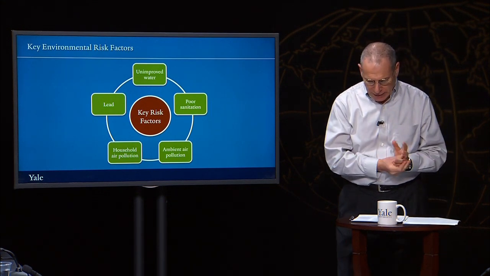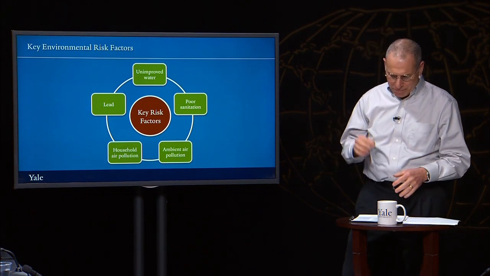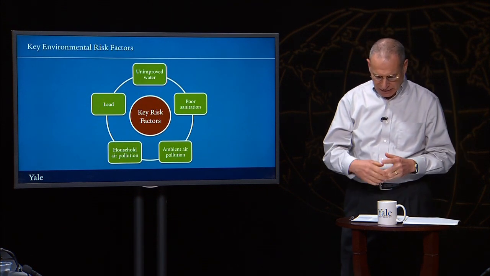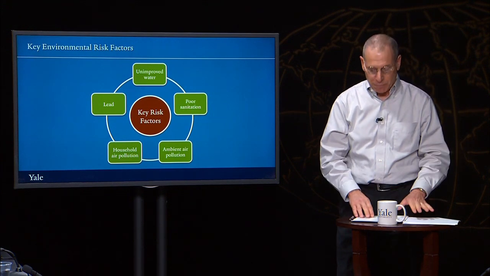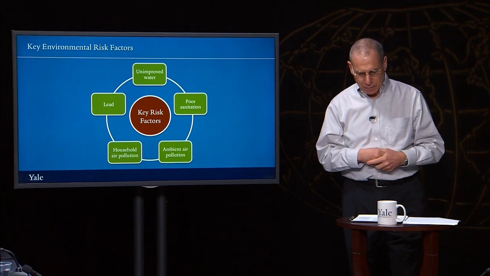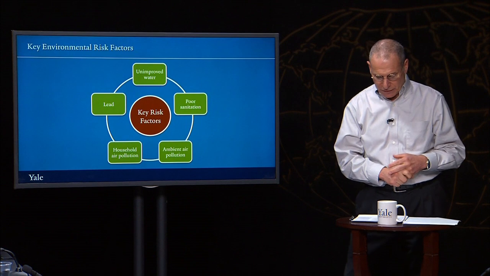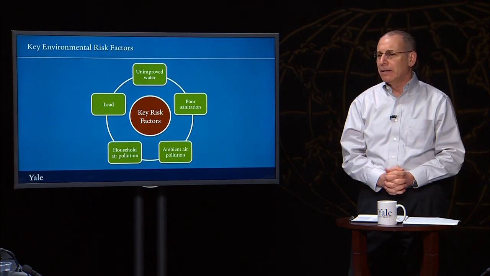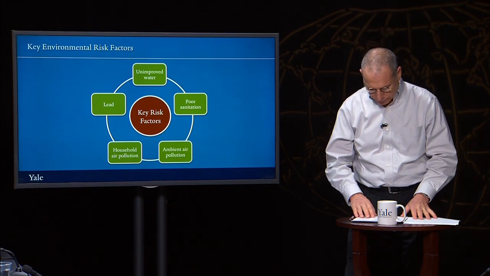WHO estimates that in 2012, more than 4 million deaths from stroke, ischemic heart disease, acute lower respiratory infection, lung cancer, and chronic obstructive pulmonary disease were attributable to household air pollution. The WHO regions of Southeast Asia and the Western Pacific shared most of that burden, which would relate, as you might expect, to issues in both India and China.